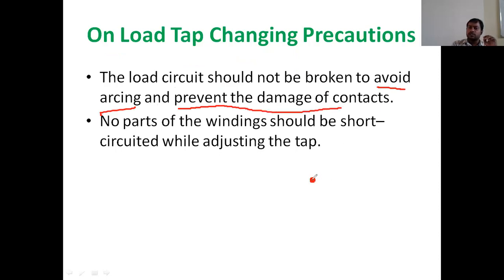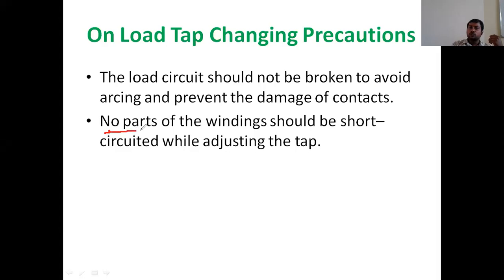For example, this is the contact here, and during on-load tap changing the load is available while changing the tapping position from 1 to 2, 2 to 3, whatever it may be. If an arc is produced, the contact will be damaged. So we need to take precautions while designing the on-load tap changing.